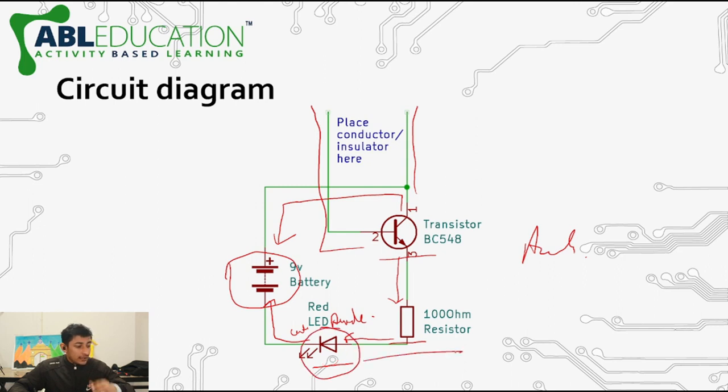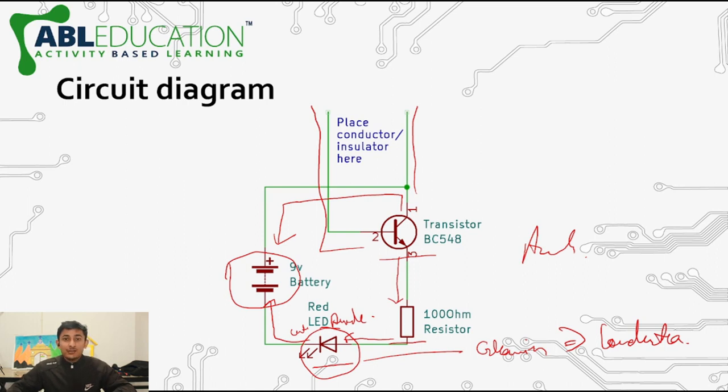If our LED glows, it means there is a conductor between the two lines, and if it doesn't glow, it means the material is an insulator. So let's begin our tutorial.